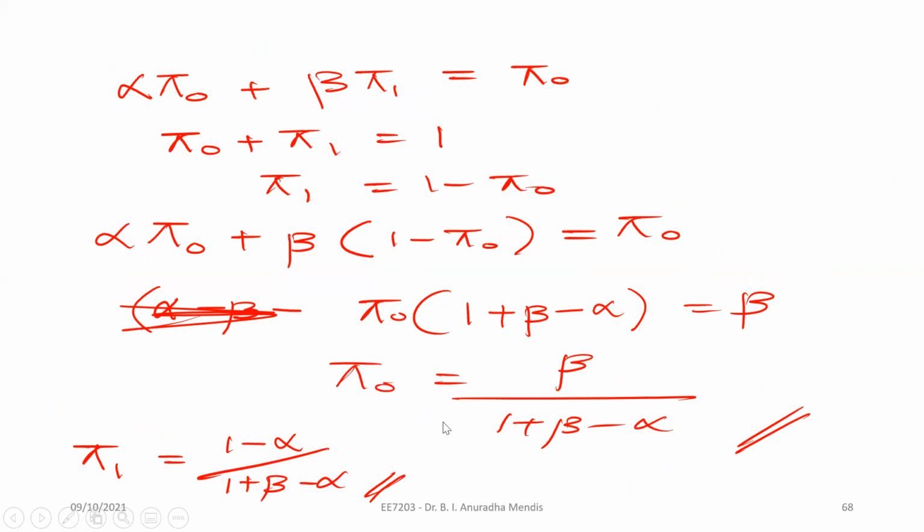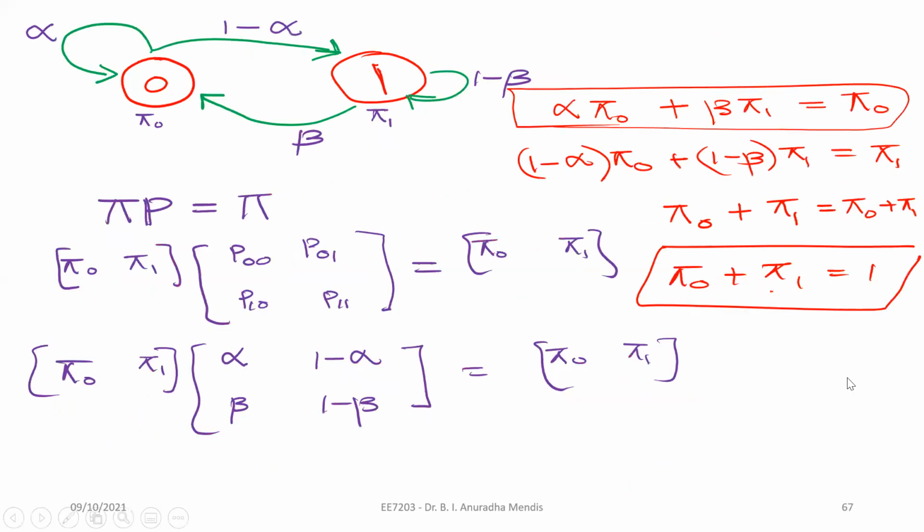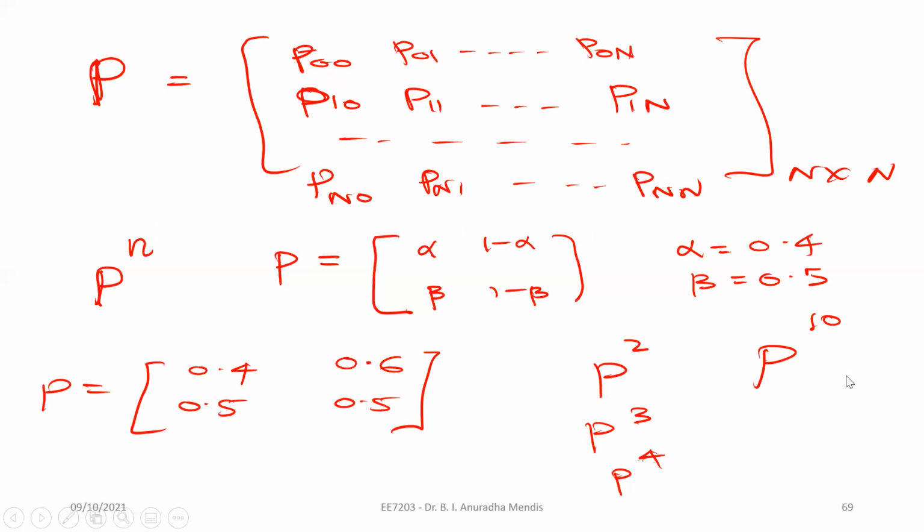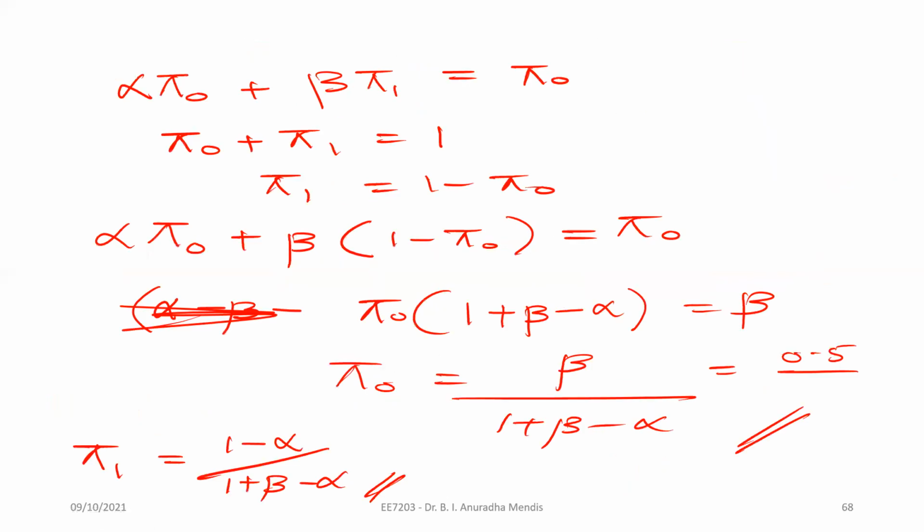Since beta equals 0.5, you should have here 0.5 over (1 plus 0.5 minus 0.4), which should be 1.1. So this is 5 over 11. And this should be 1 minus alpha, that means 0.6, over 1.1.